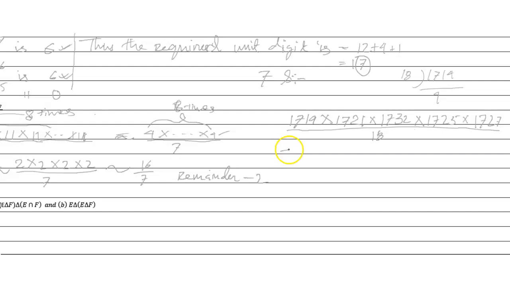So it is 9, it is 11, and again the remainder portion: 9 into 11 into 13 into 15 into 17 divided by 18.